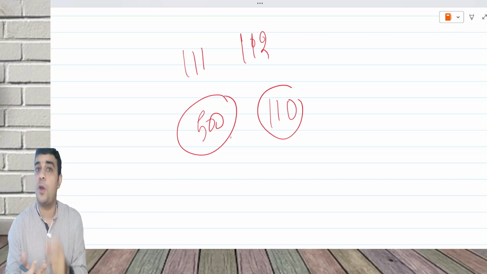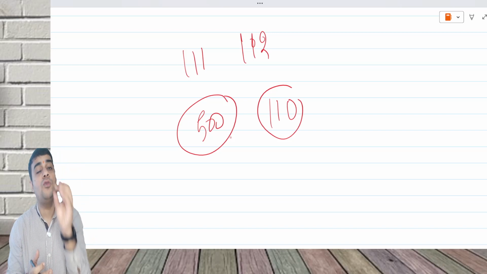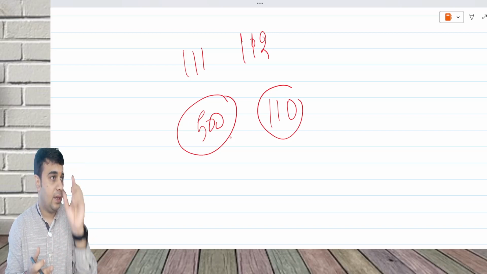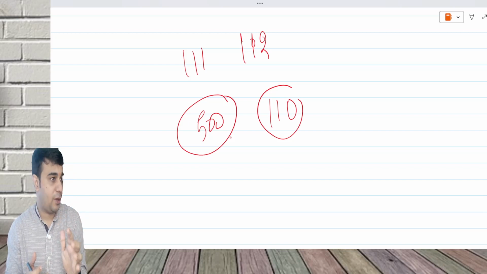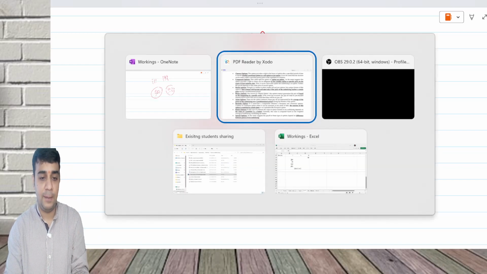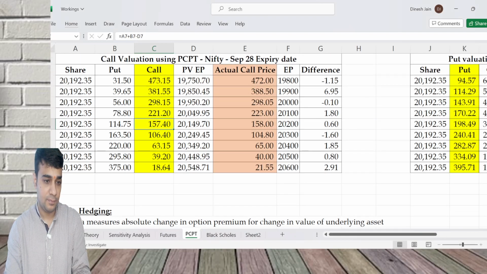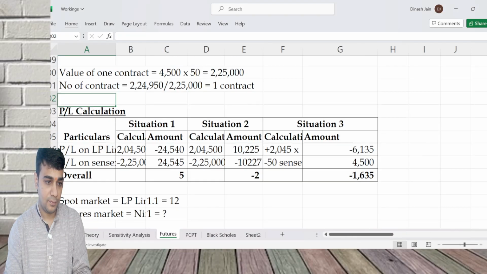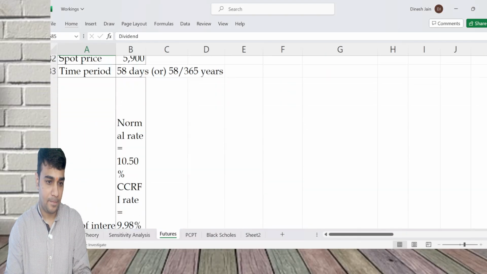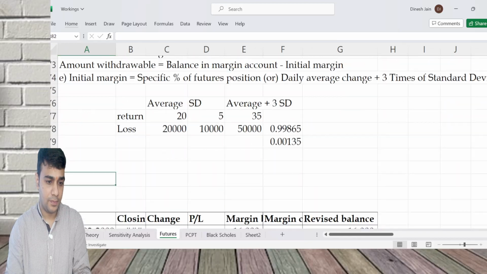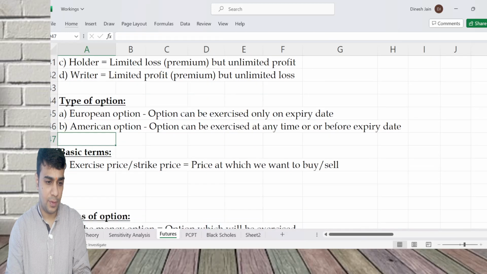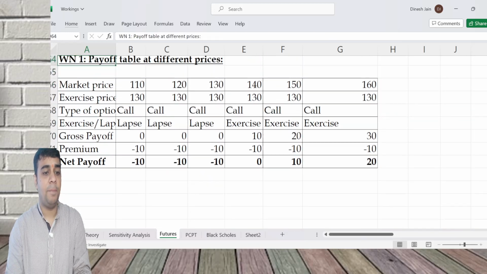This is one type of option called binary option. What is a binary option? There's a fixed payoff. I'm going to give only a fixed amount on the maturity date. When we prepare a payoff table, we prepare it like this.